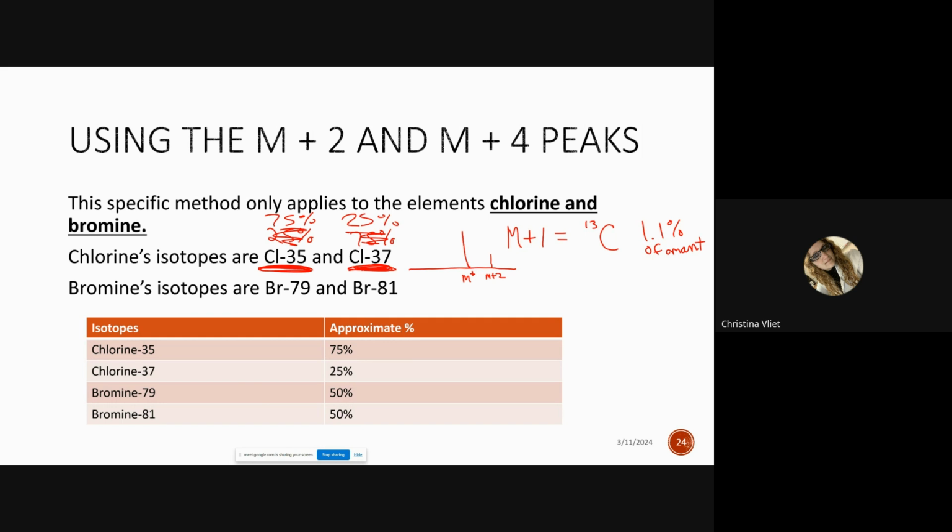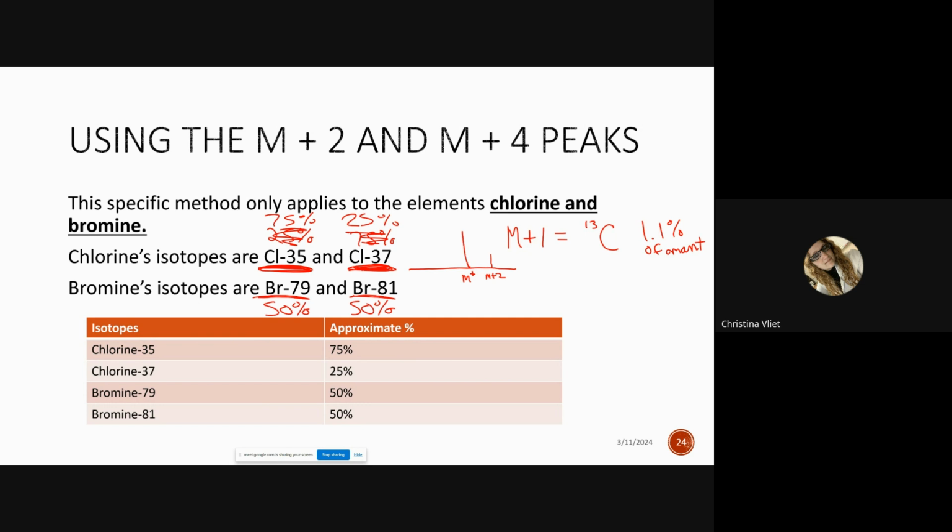That's the idea. Now, bromine has 2 isotopes, 79 and 81. And I'm asking for you to actually memorize these percentages as well, or Cambridge really is. And the percentages are easy to remember. They are 50 and 50.